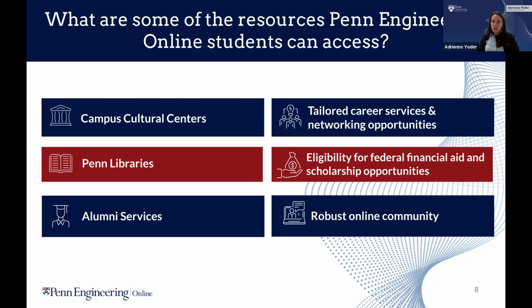You'll have access to various job platforms, such as Handshake, if you're familiar with that. And then we have staff specifically who work with our online students that provide one-on-one advising sessions to look at your resume, to talk you through what you may be experiencing through your job search.